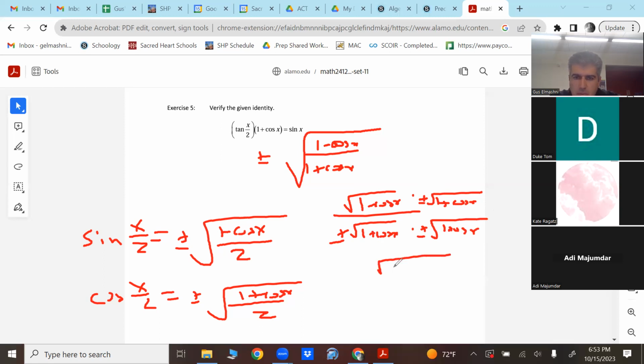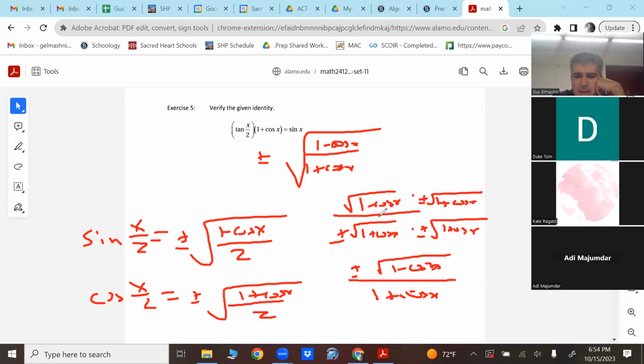Yeah, because then you get root 1 minus cosine squared x. I'm not sure why actually. You get 1 plus cos x, and that sine squared x up top becomes sine x. Yeah, I'm not sure why that goes away.